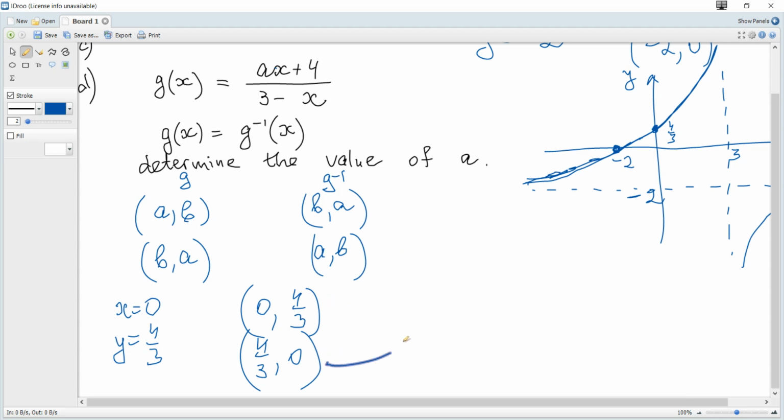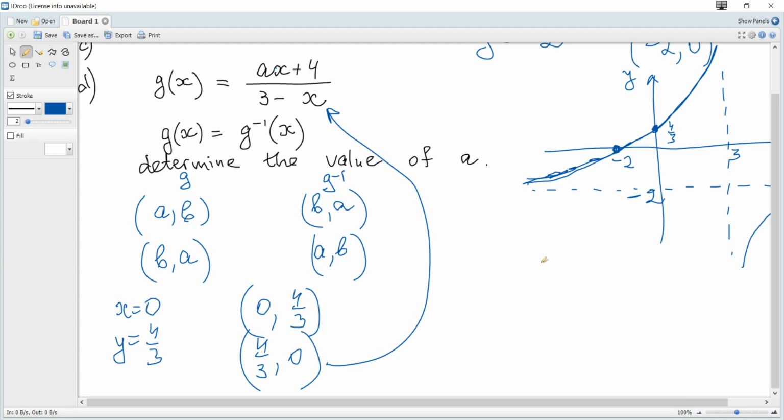And now we can just substitute 4 over 3, 0 into g. So, a very interesting and important property that a, b and b, a belong to the function and its inverse. And you can use this.